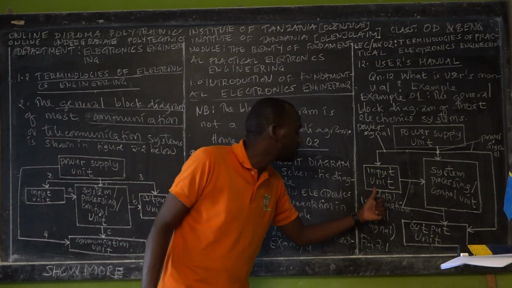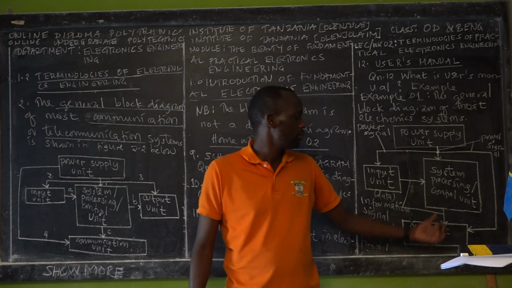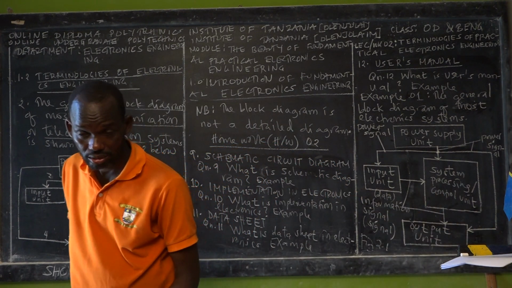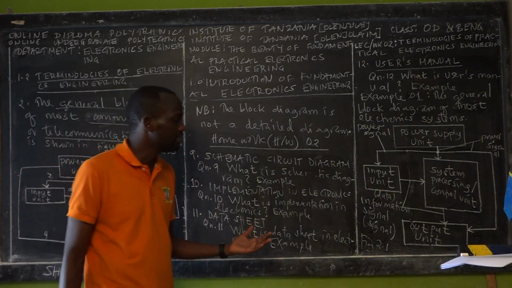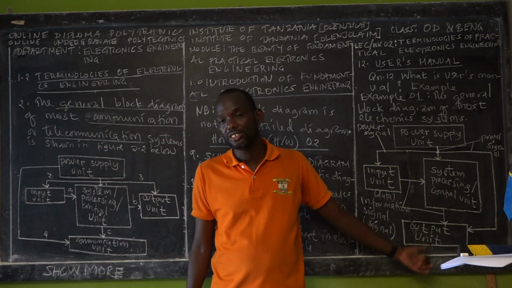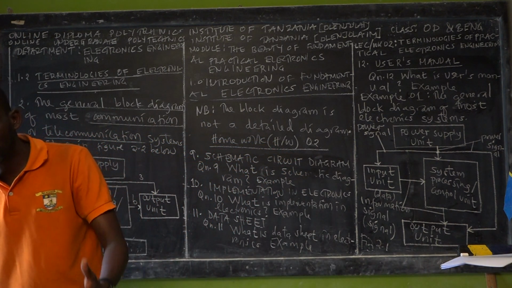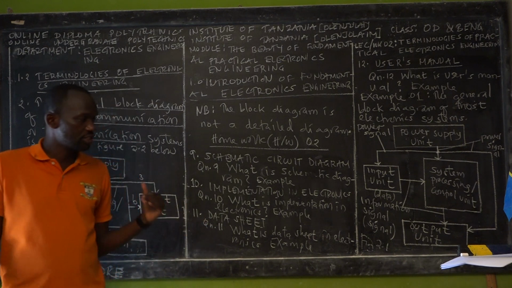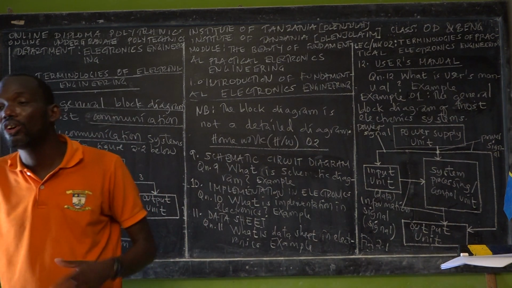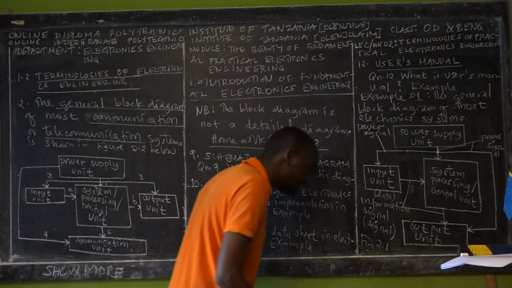That picture will be taken into the system processing or control unit to be processed. Once it's been processed, it can be displayed in the output unit on your display, right? So the motion picture or still picture is not the power signal, it's the information or data signal. Are we together, students?